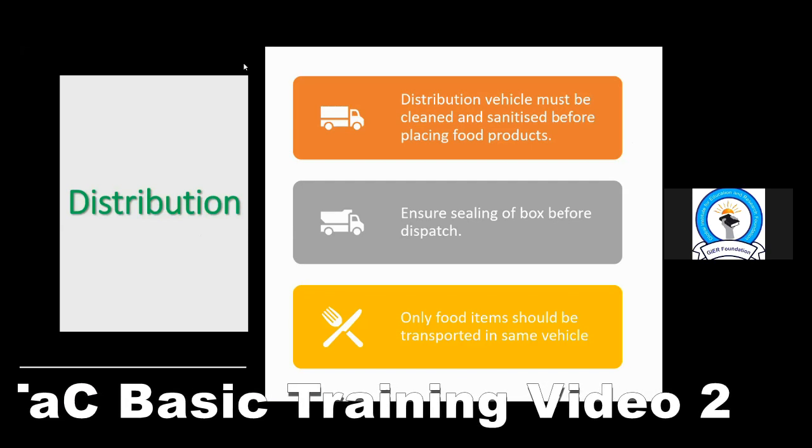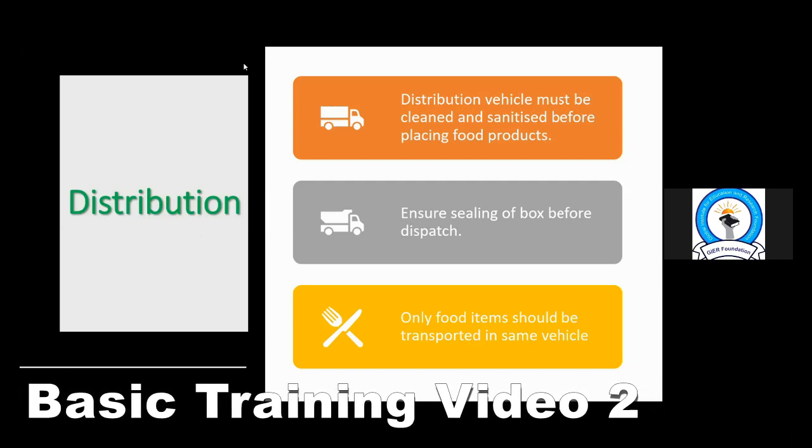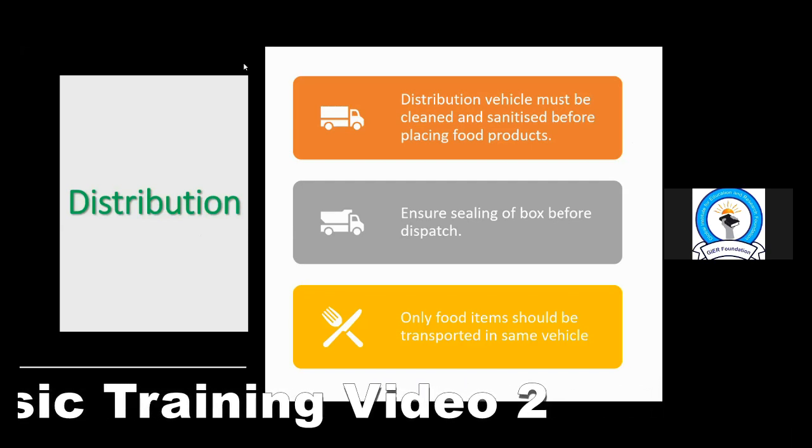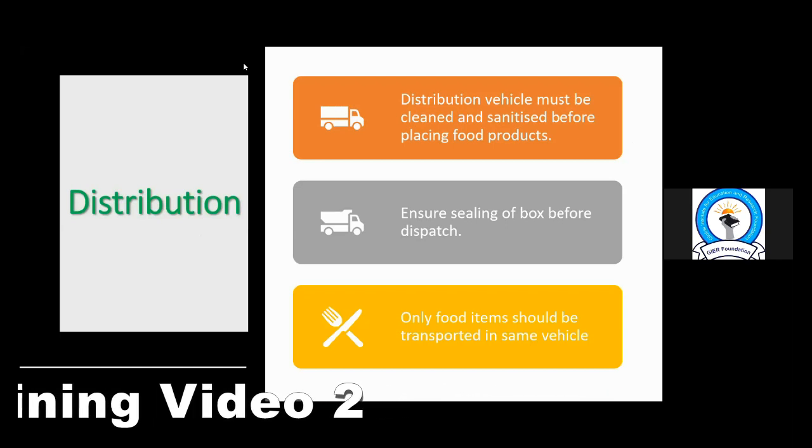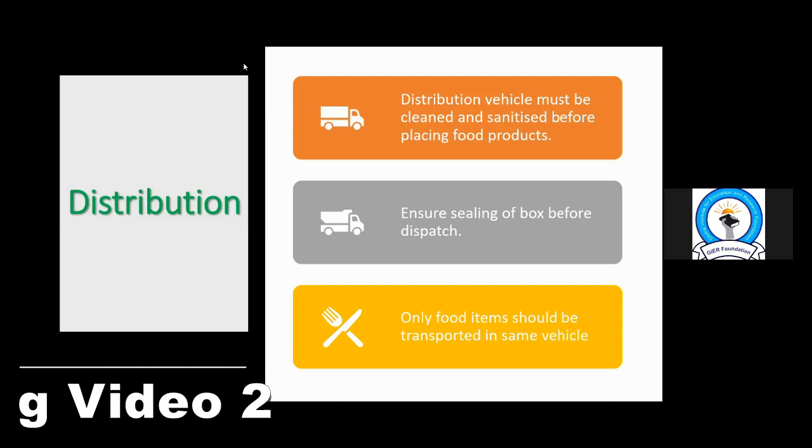If you are distributing your product to the market, please make sure that distribution vehicle is clean and sanitized, and please ensure you seal all boxes before dispatch. So only food item as far as possible, as all food item has to be sent in the same vehicle.